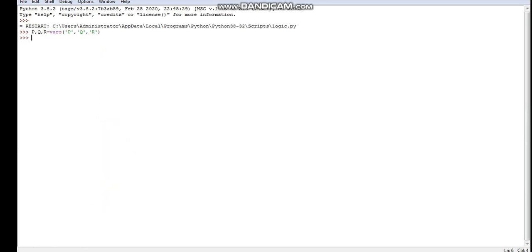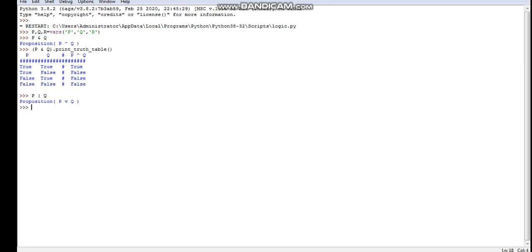Similarly, we can work on more propositions like P and operator Q. It is a proposition, P and Q. Let's print its truth table. Similarly, we can run the truth table for P or Q. It is also a proposition.